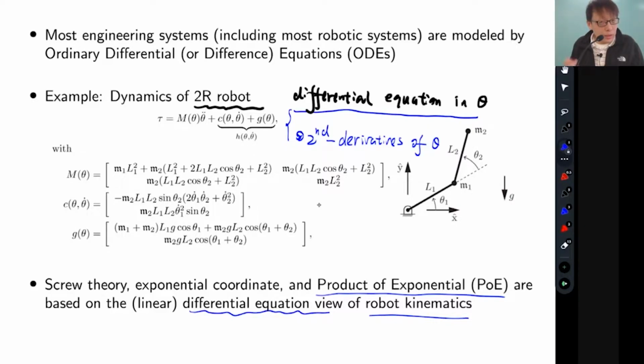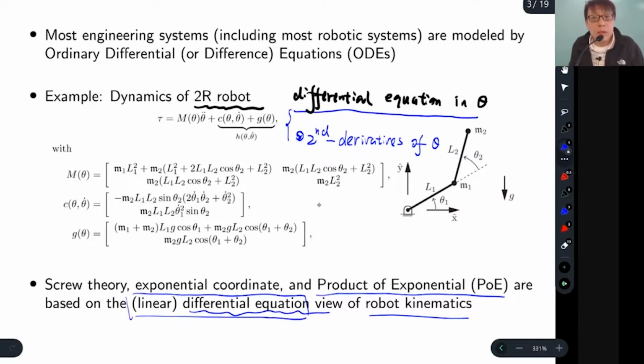I don't think you can understand it now, but I want you to know why we need to cover this. Whatever the kinematics, the DH, are trying to represent, essentially you can approach them in a differential way. That gives you a twist and other things. So that's why we need to understand differential equations, especially linear differential equations.